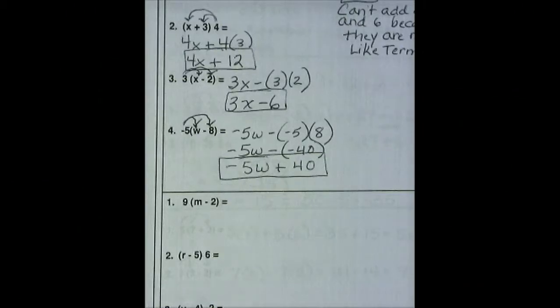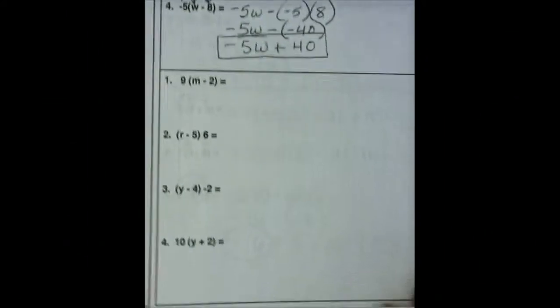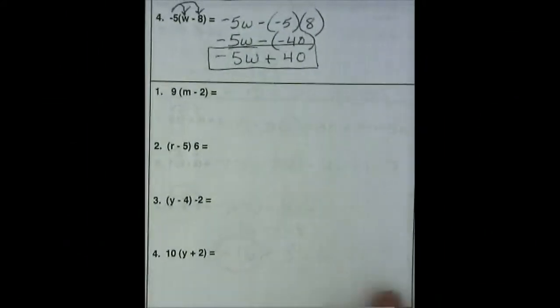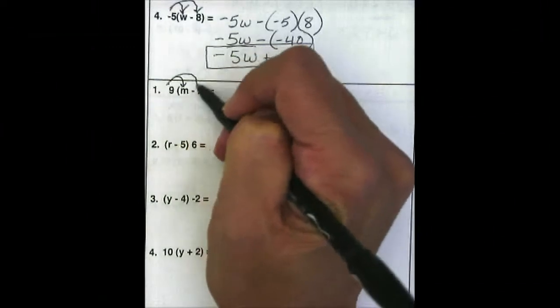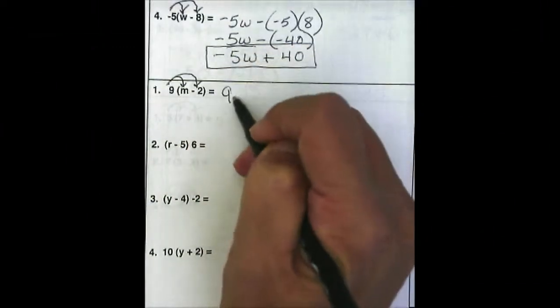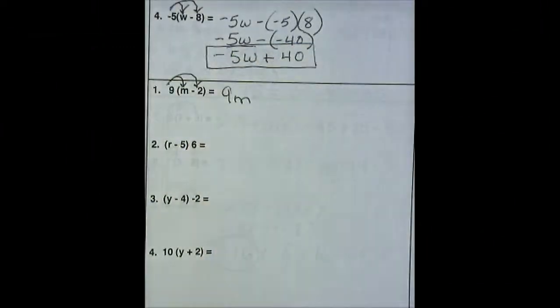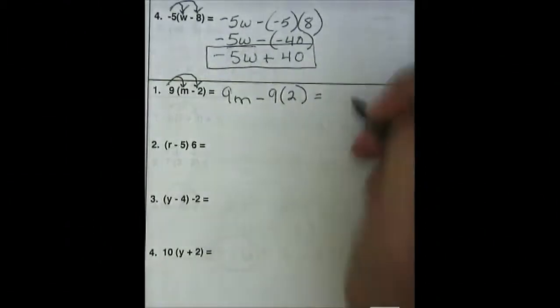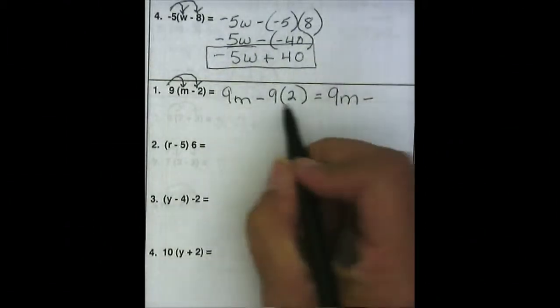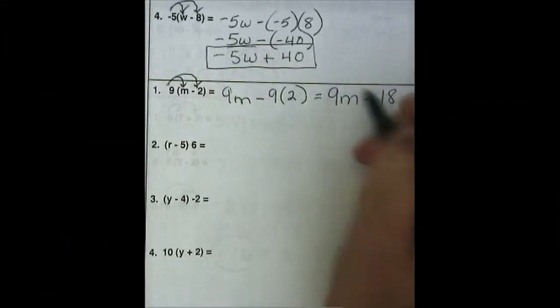Okay, you should be back from working your practice problems. On number 1, we're going to take 9 times m minus 9 times 2. So 9 times m is 9m minus 9 times 2. So 9m minus 9 times 2 is 18.